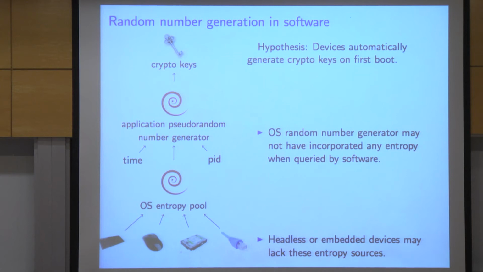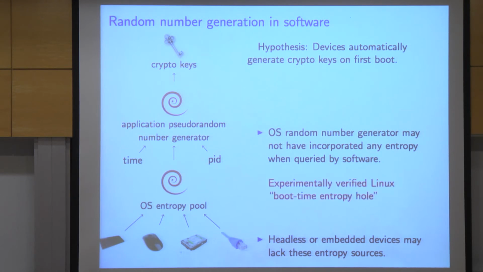And one of the reasons for this is that, for example, Linux, in order to protect against the attack where an attacker carefully monitors each of the entropy sources that are being incorporated into the entropy pool and tracks the state of the entropy pool as it's added, collects the input in a separate pool and only adds it to the output pool when it's reached a certain threshold. And so until the output pool has reached a certain threshold, the output of the random number generator might be deterministic.